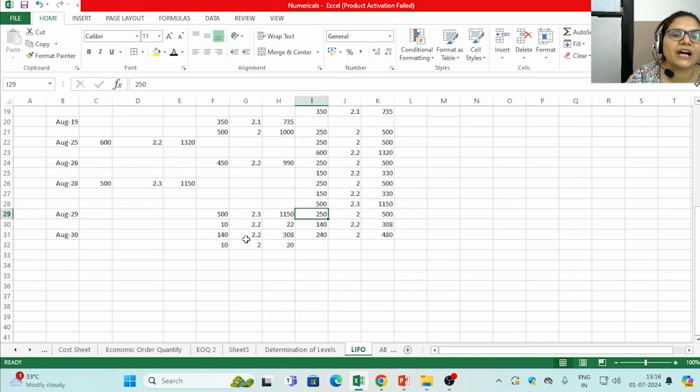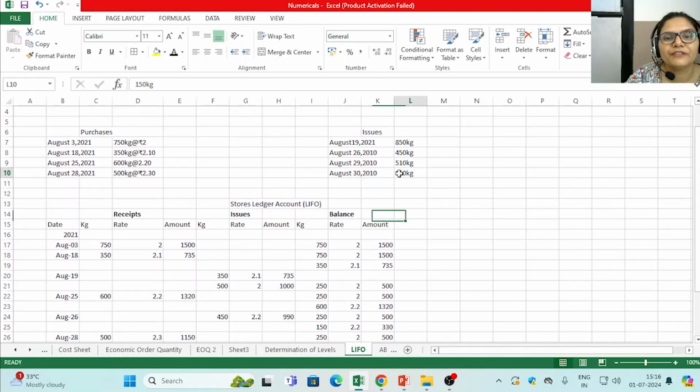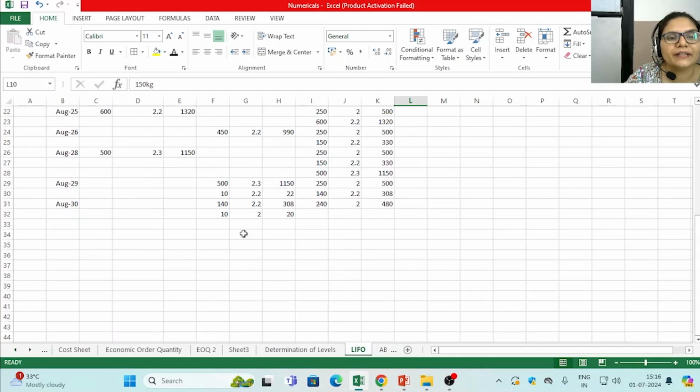Out of 250 I have issued 10, and 140 plus 10 is 150. Now my task of issuing 150 kg on 30th August has been done. So I have issued 150 kg on August 30. Now in my store 240 units are remaining.